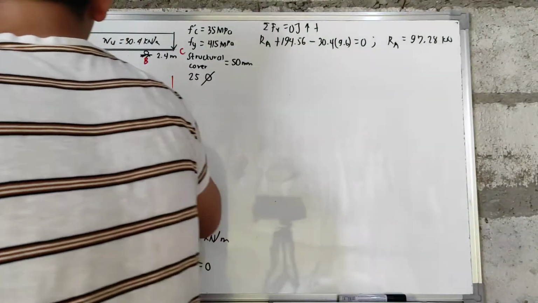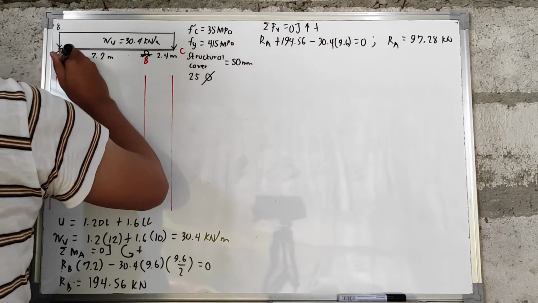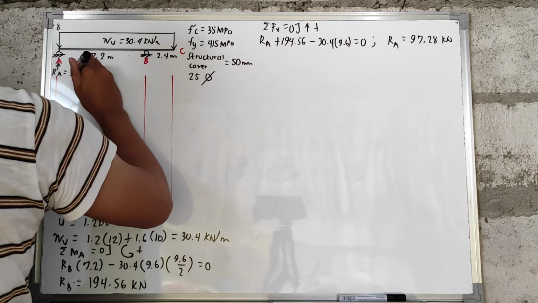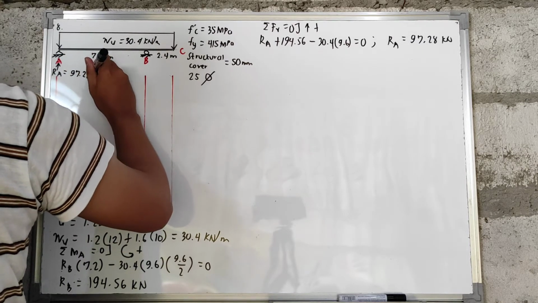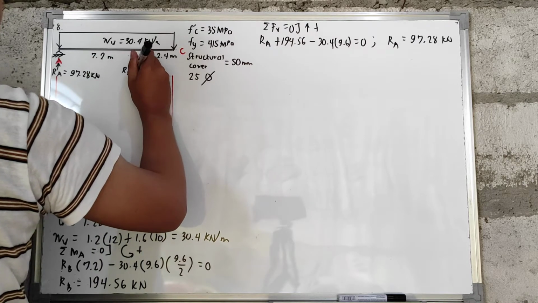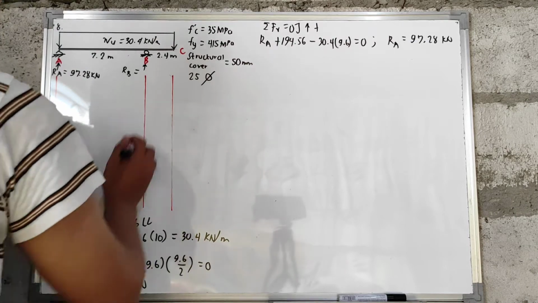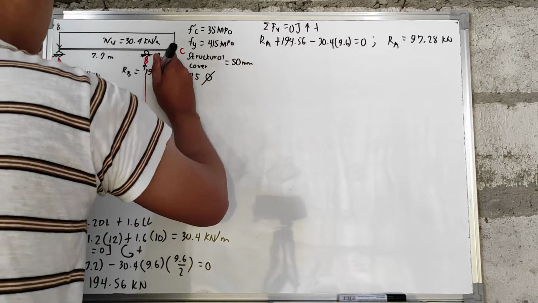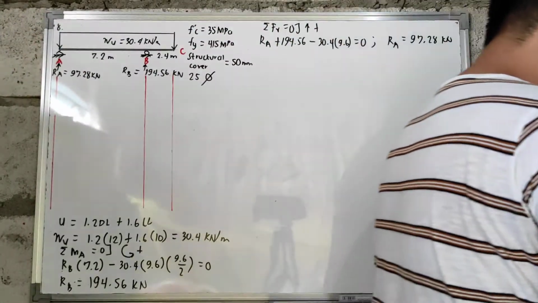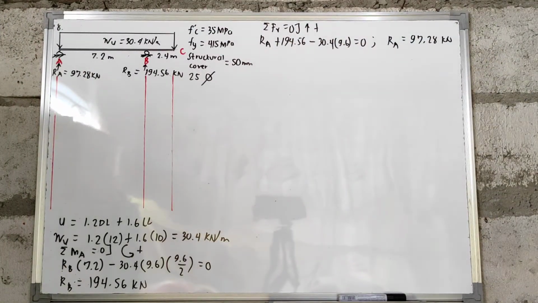So meron tayo dito na upward force na RA that is equal to 97.28 kilonewton. And yung reaction at B natin, that is equal to 194.56 kilonewton.